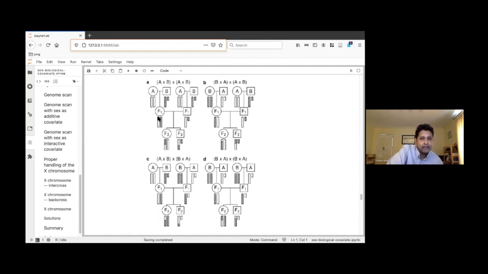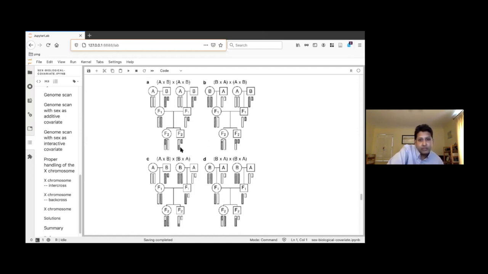They each have an A and B chromosome intact. The F1 males have an X chromosome from the A strain and a Y chromosome from the B strain.